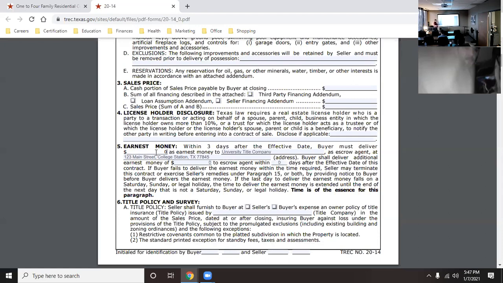Like I tell people, just FYI for everything, anything you see a line in here, it's negotiable. Anything that's in here is completely negotiable. A lot of times agents will come to me and say, well, what do I have to put in here for earnest money? Well, it really depends on where you're at.